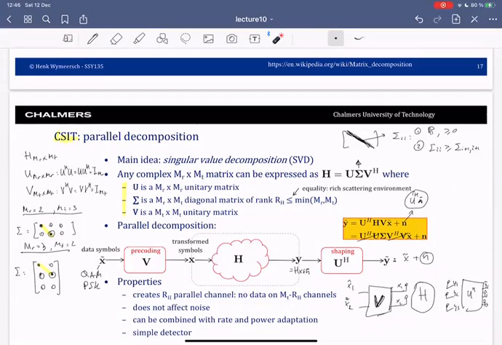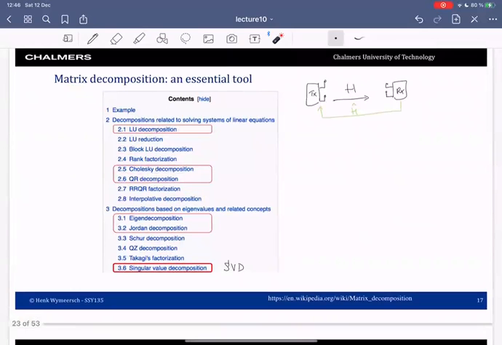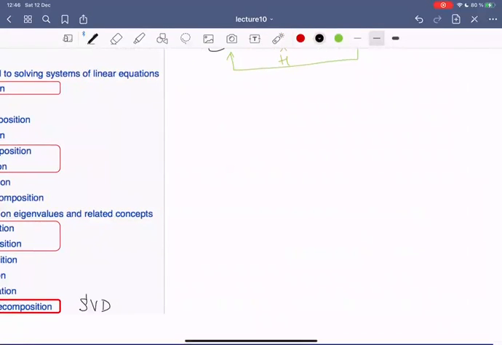But before we go to the example in the slides, let me do another example just to reinforce these ideas. So let's suppose that you have a MIMO system with a transmit array.